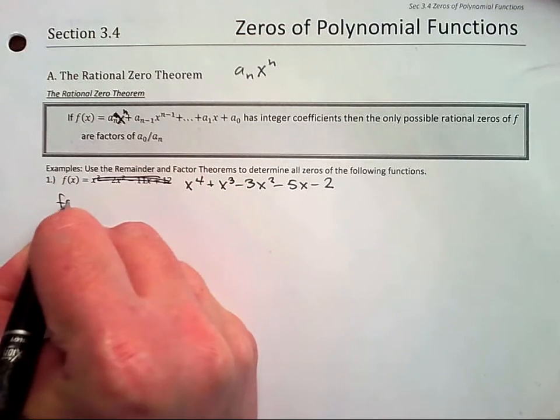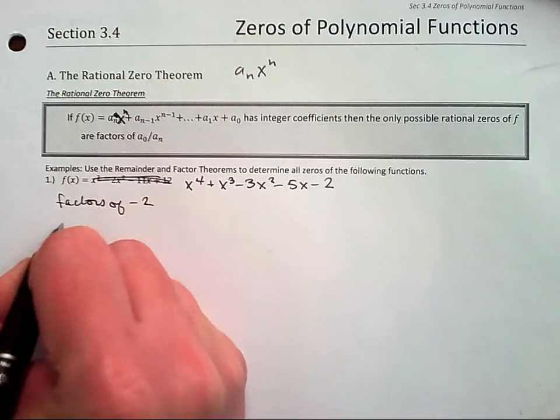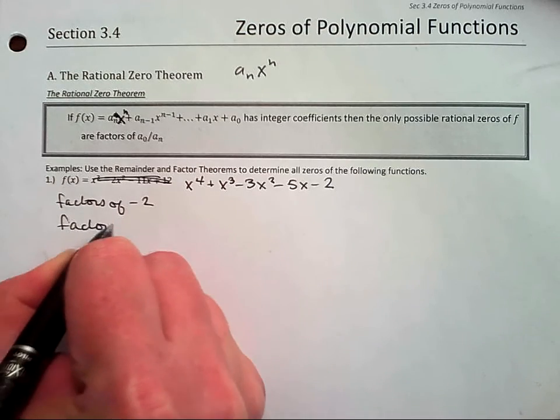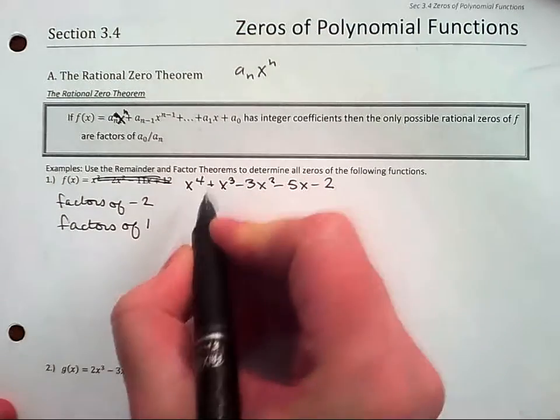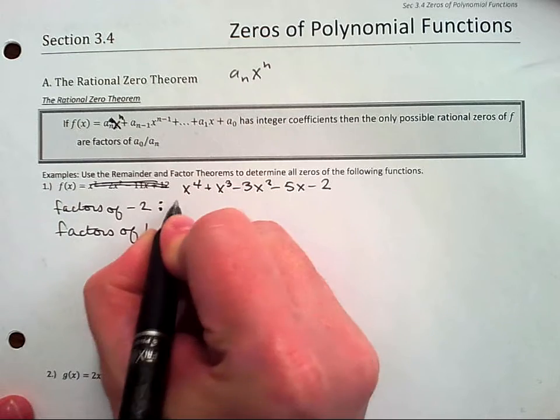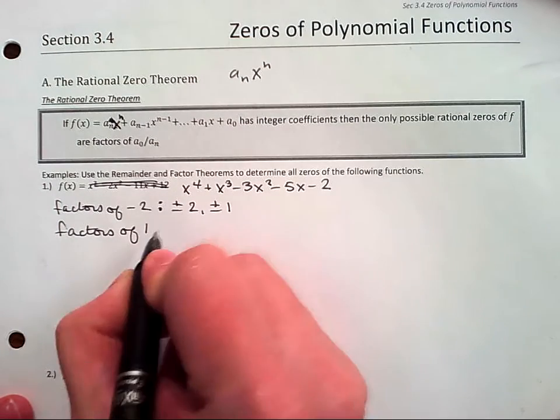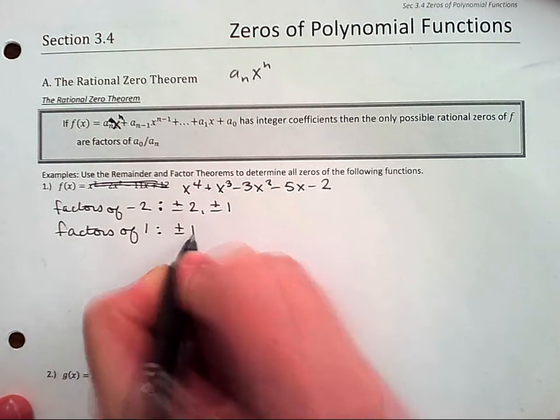So we want to look at factors of negative 2 over factors of 1. So what are factors of negative 2? Plus or minus 2, plus or minus 1, right? Factors of 1 are plus or minus 1.